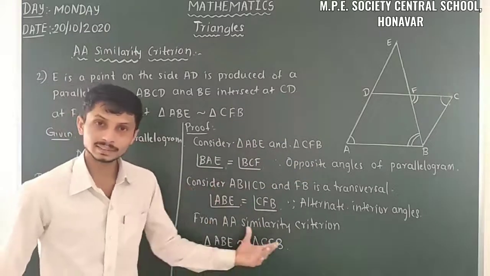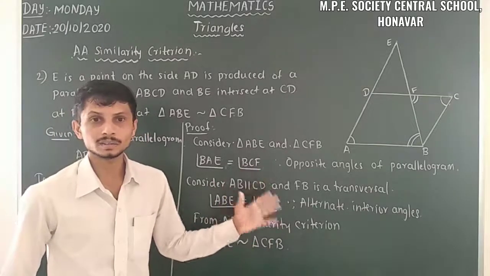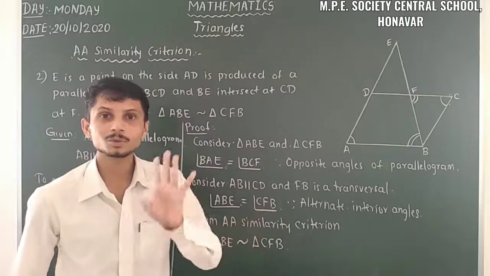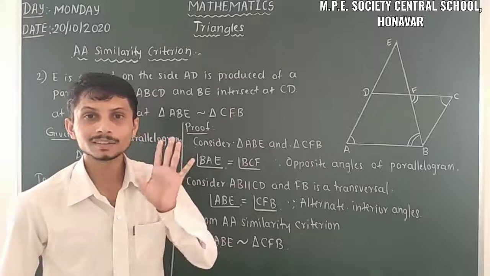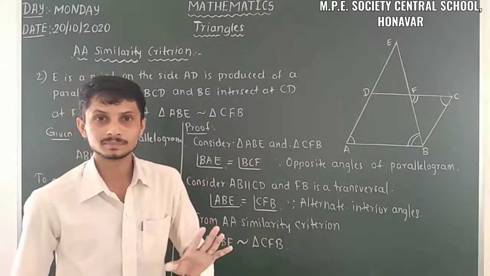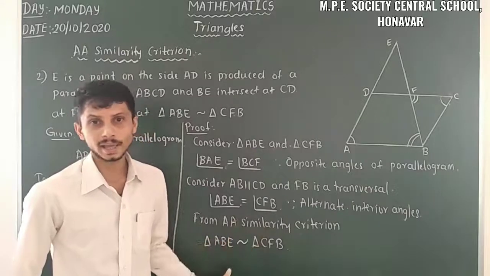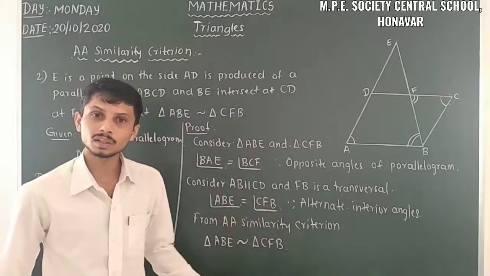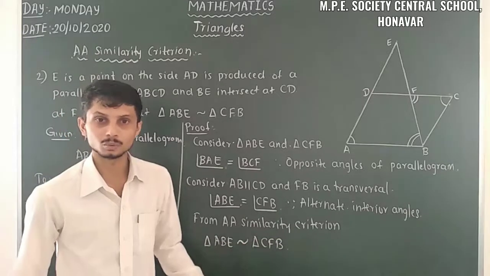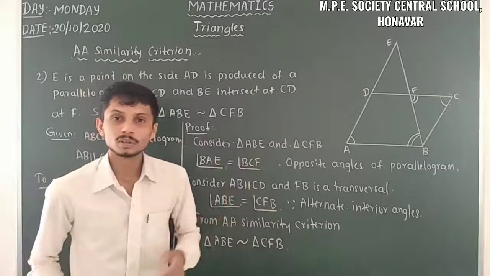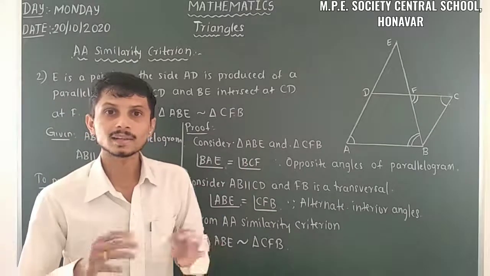According to the AA similarity criterion those two triangles are similar, not the same, similar only. Similar means the corresponding angles are the same and the corresponding sides are proportional, that is, in the same ratio. Okay, so let us move on to the next problem as homework.